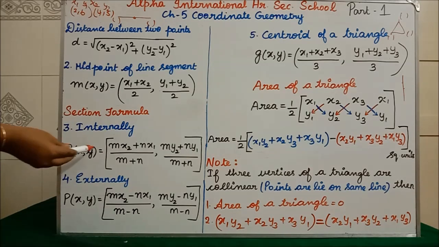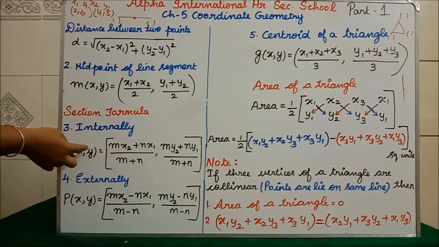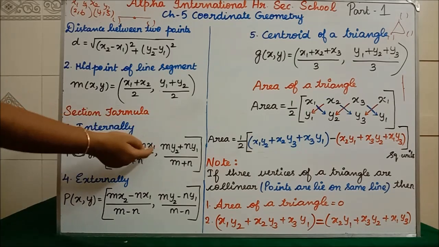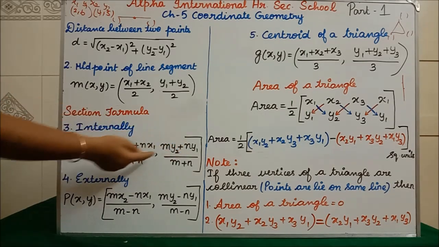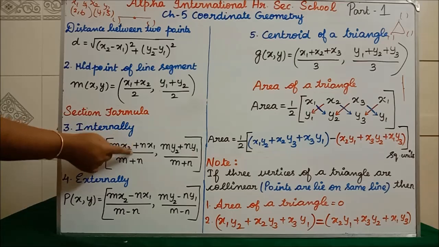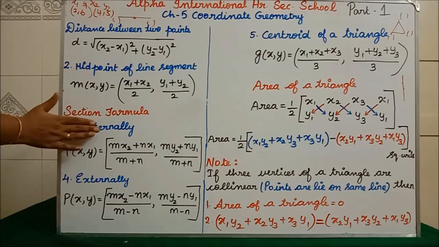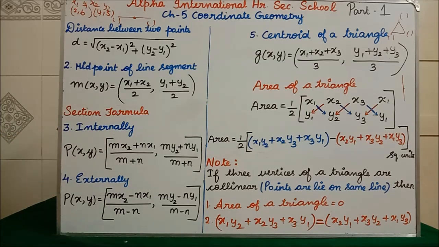Now P of (x, y) is equal to (m of x2 plus n of x1) divided by (m plus n) comma (m of y2 plus n of y1) divided by (m plus n). Internally and externally, there is a small difference: here we use plus, there we use minus. That is the difference between internally and externally. Remaining everything is the same. Clear?